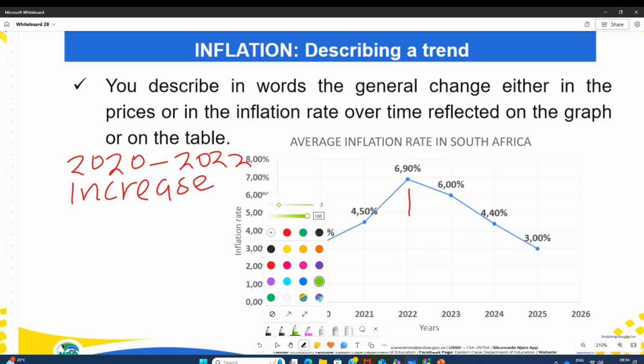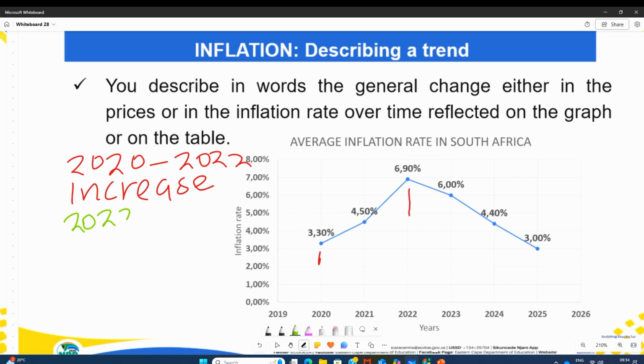But now when we are looking at the period from 2022 to 2025, we can see that the inflation rate now is starting to decrease. So in 2022, it increased with a higher percentage when compared to other years.